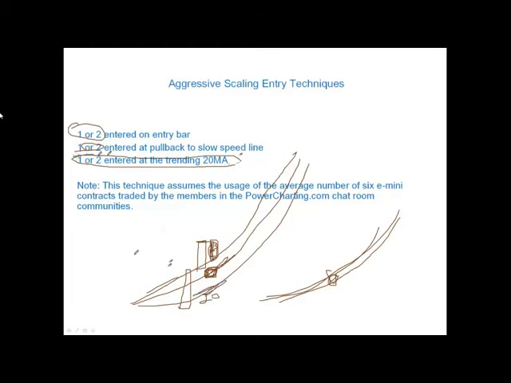Very rarely will you see me scale in past that 20-period moving average. In fact, about the only reason I can think of that would happen is if this 20-period moving average, let's say this is a 5-minute chart, and the 20-period moving average on the hourly chart happen to be very close together in proximity.